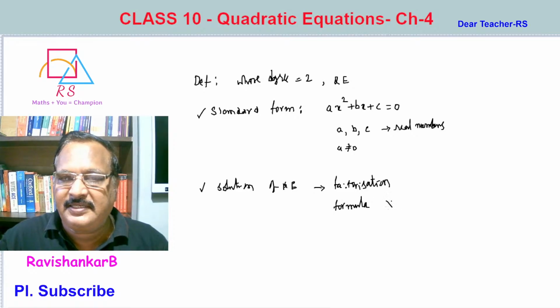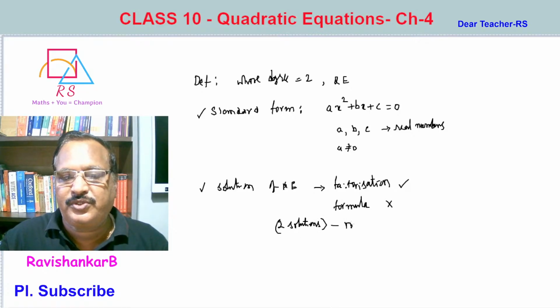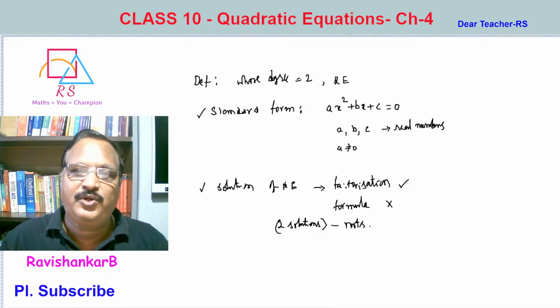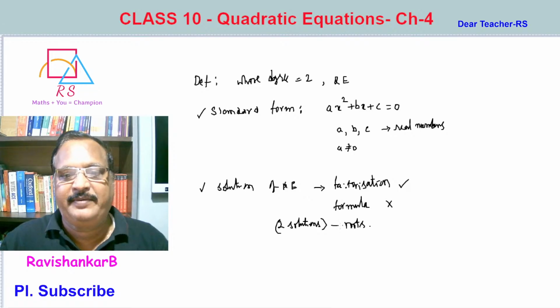Formula method is removed from the syllabus. Now you have only the factorization method. So there will be 2 solutions for any quadratic equation. 2 solutions will be there. Sometimes this solution is also called roots of the equation. So roots of the equation and solution of the equation both are the same.